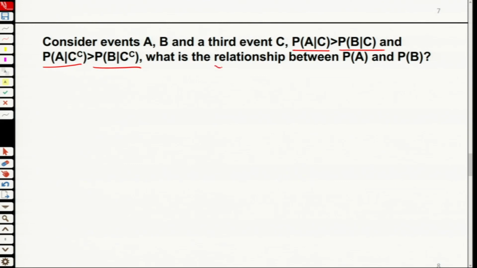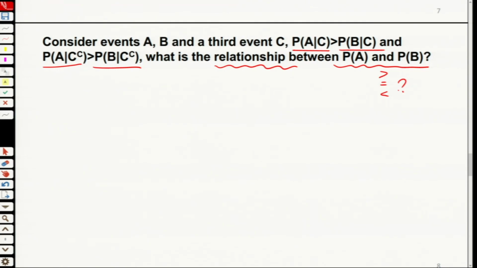So what is the relationship? What can you say about A and B? Is probability A greater than B, or equal to, or less than? Can you tell me which one is bigger, just based on the condition we were given?